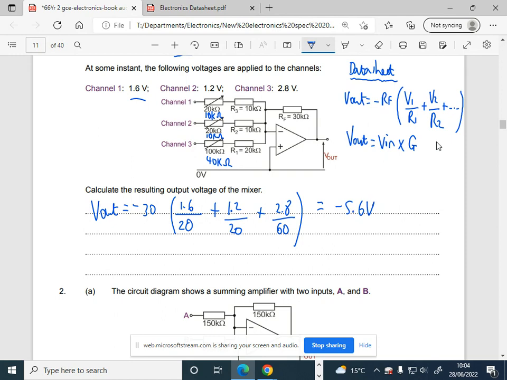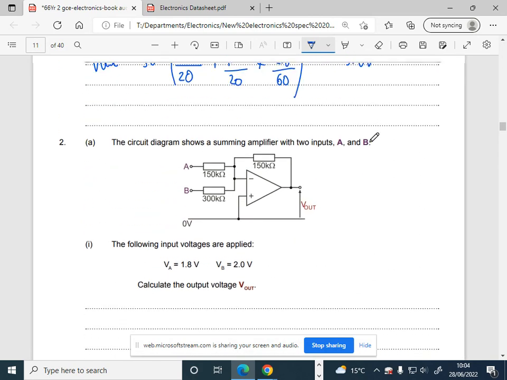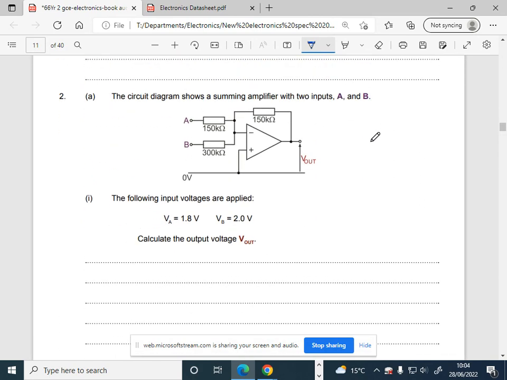Okay, so for this next one, I'm now going to go the other way, using the gain is V out over V in type thing. So I'm going to work out for channel A first. I'll call it V1 because it's not strictly speaking V out yet.